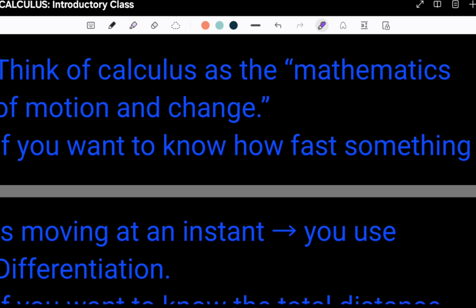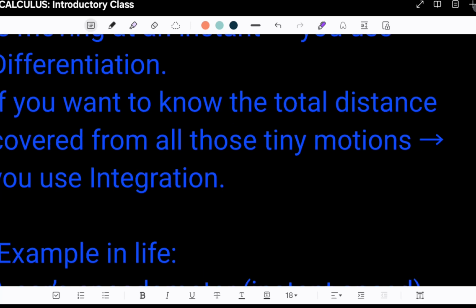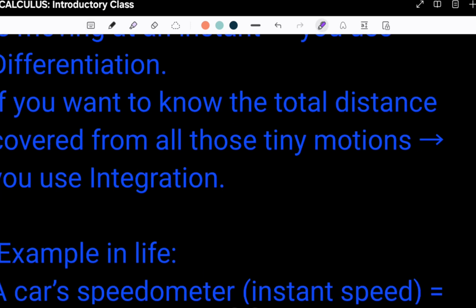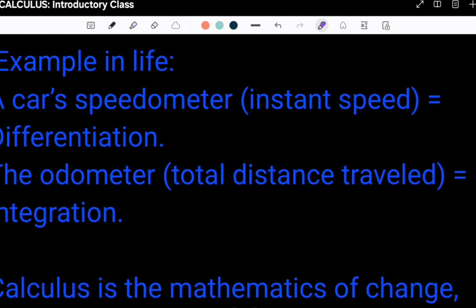If you want to know how fast something is moving at an instant, you use differentiation. And if you want to know the total distance covered from all those tiny motions, then you use integration. Let's understand it with the help of an example. You all may have traveled by car.